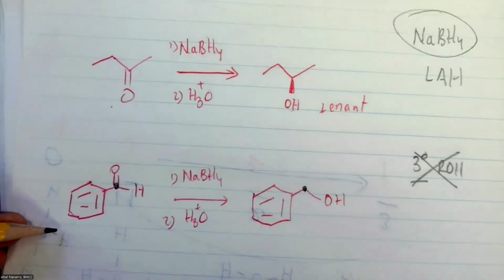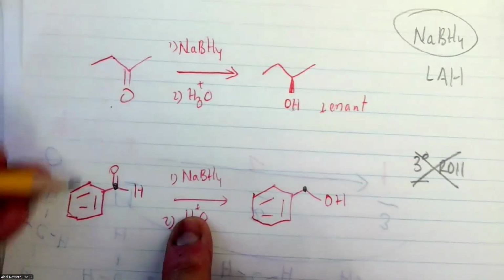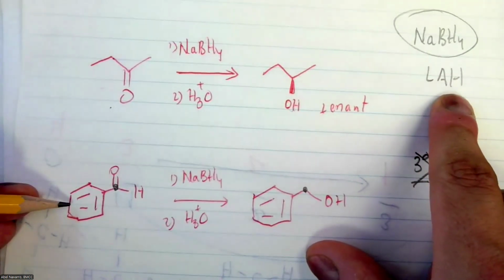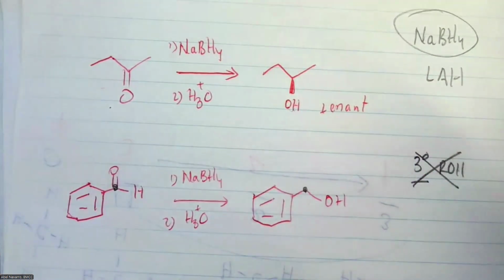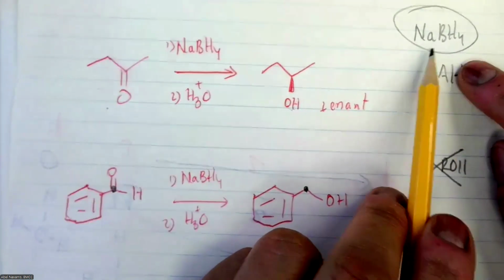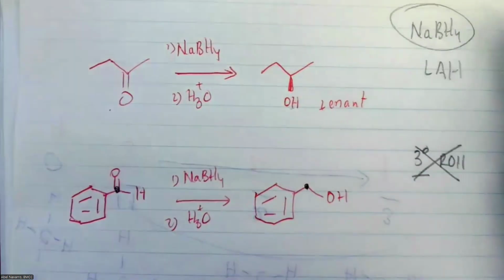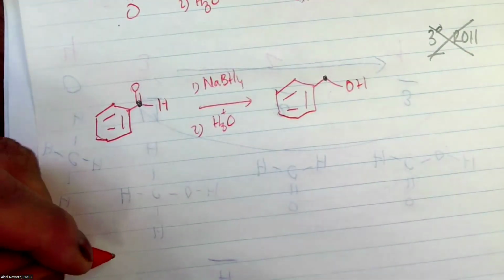Lithium aluminum hydride is used for higher, more oxidized species. Why? Because sodium borohydride is so weak that it's not reducing enough to react with carboxylic acids or esters. Esters and carboxylic acids are more oxidized.